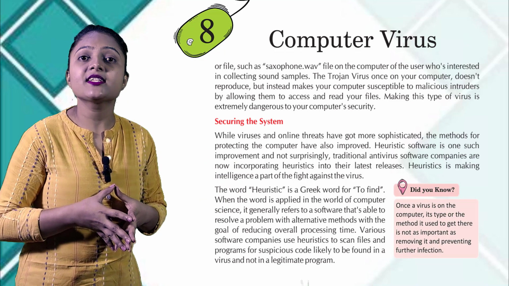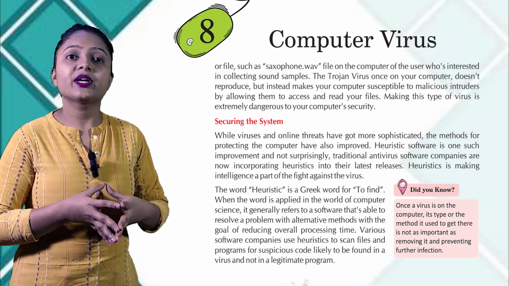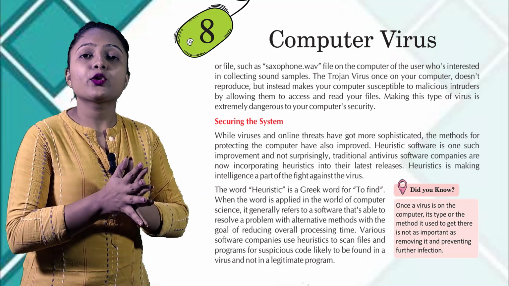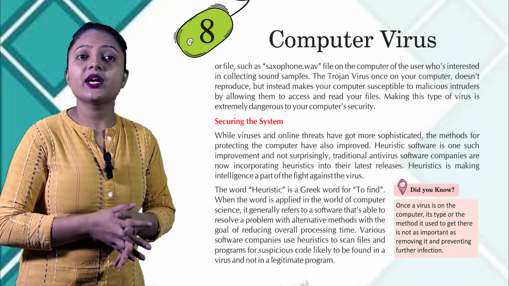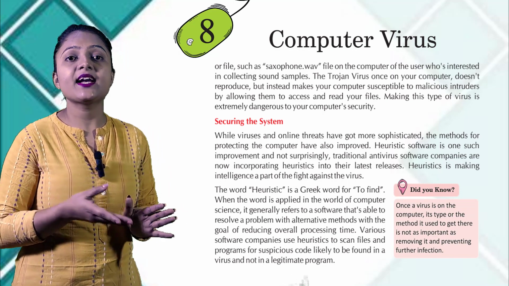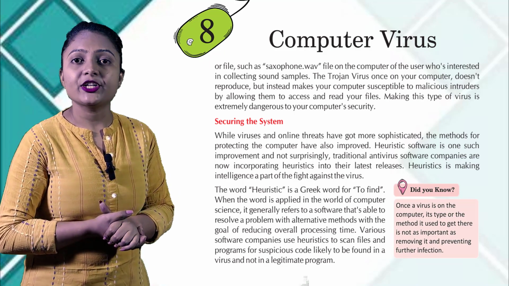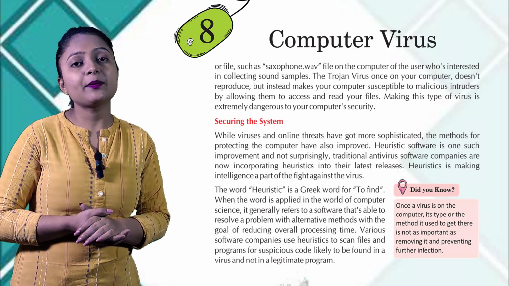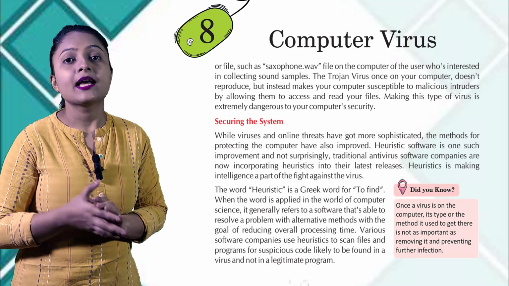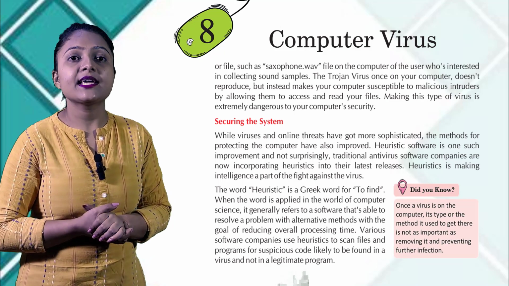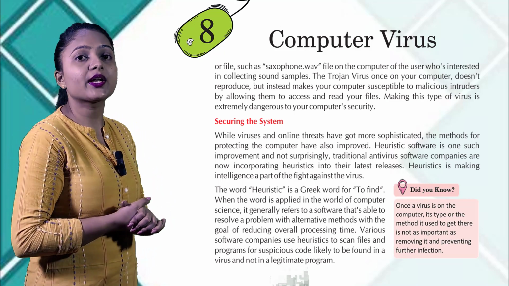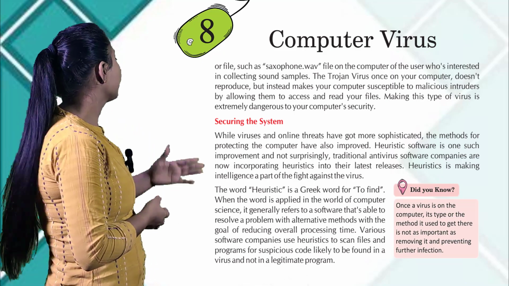The Trojan virus, once on your computer, doesn't reproduce but instead makes your computer susceptible to malicious intruders by allowing them to access and read your files. This type of virus is extremely dangerous to your computer's security.